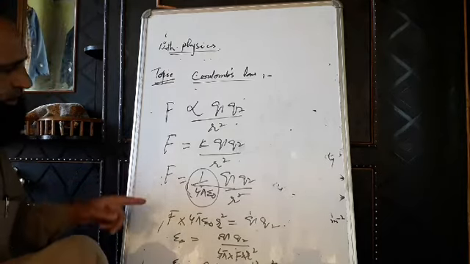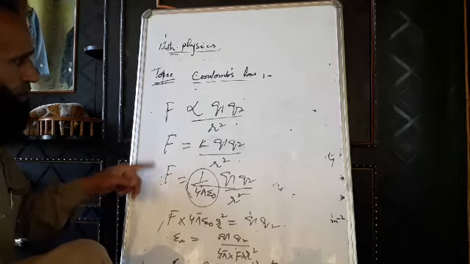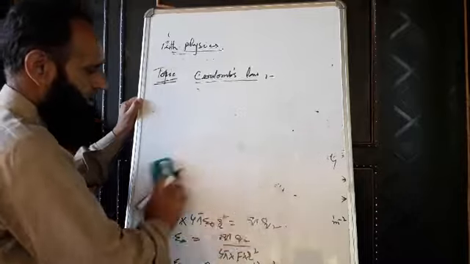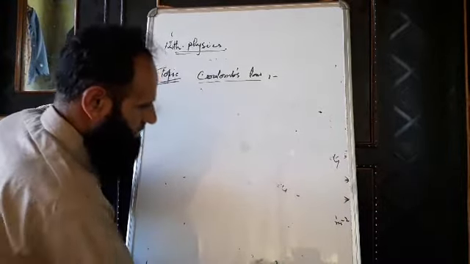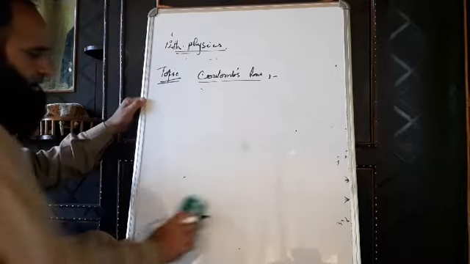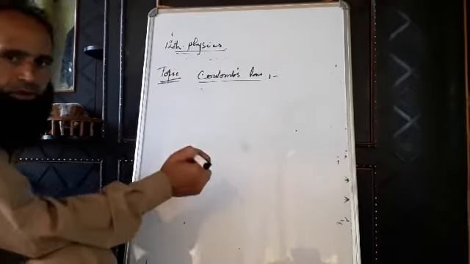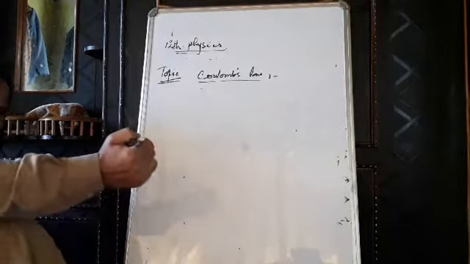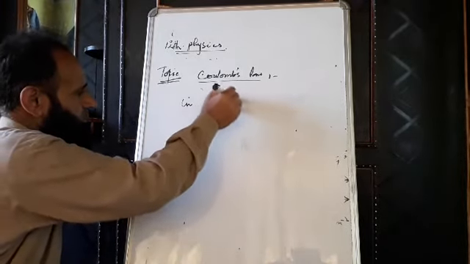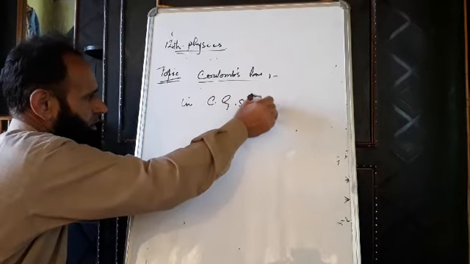So we got the relation for the force of attraction between two bodies in vacuum, and we also know the value of K depends on the units in which we measure F, Q and r. In the CGS system, K was 1.